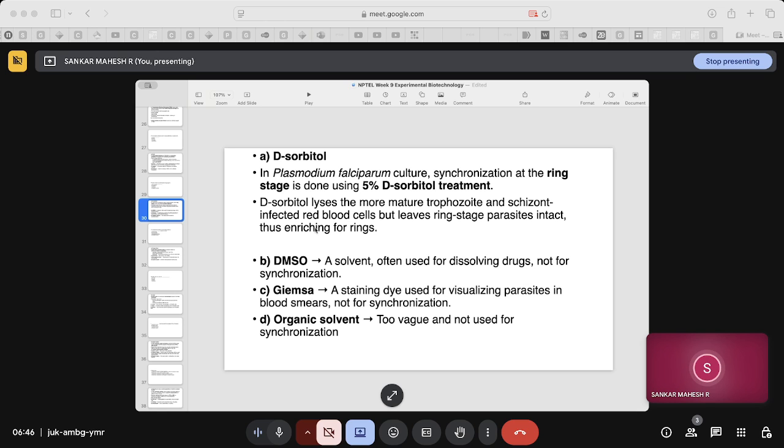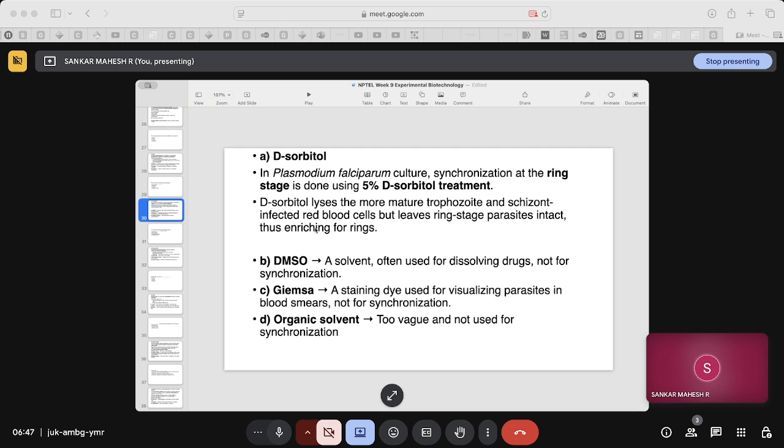So let's say you take glucose, you reduce the aldehyde of the glucose into an alcohol, you'll get sorbitol. It's just a sugar with an alcohol. Now, when you do this, it acts as an osmolyte and it also lyses other stages like the trophozoite and schizont infected red blood cells.